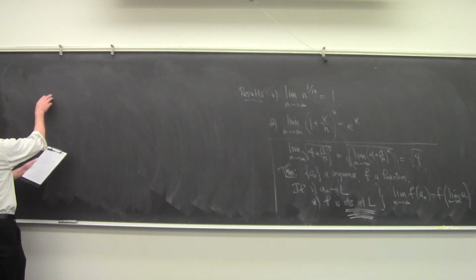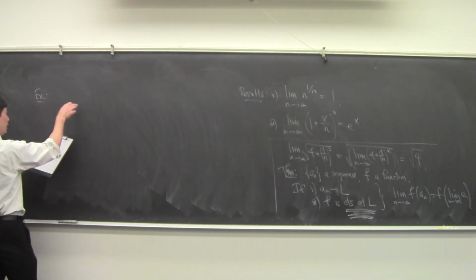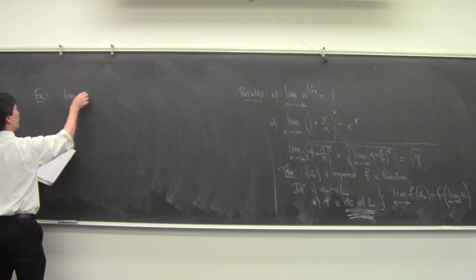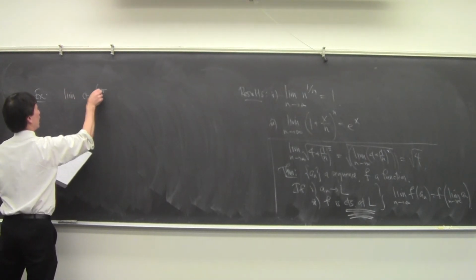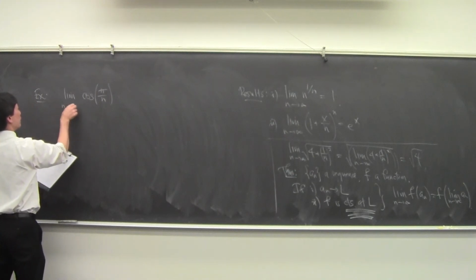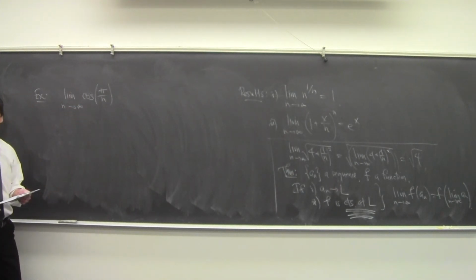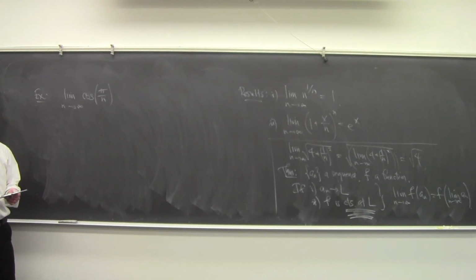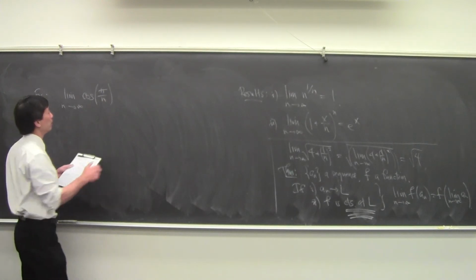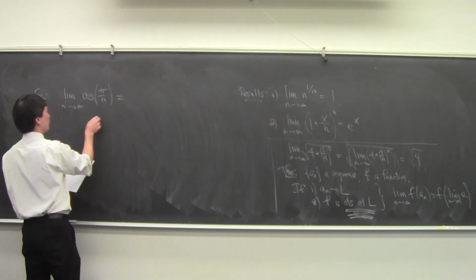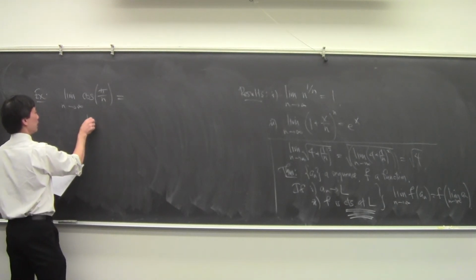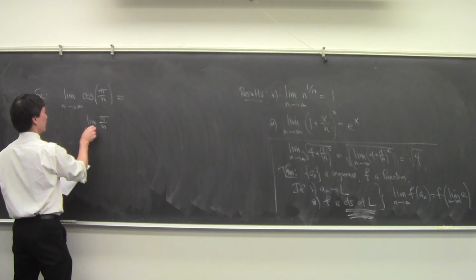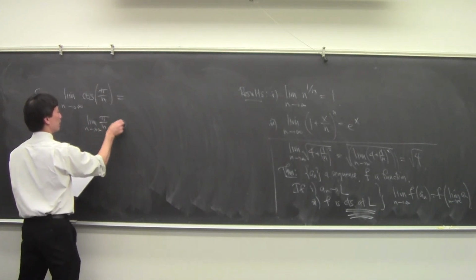Okay, so let me give you an example. If I say the limit of cosine of pi over n as n goes to infinity, you would say, well, I know that the limit of pi over n as n goes to infinity is 0.